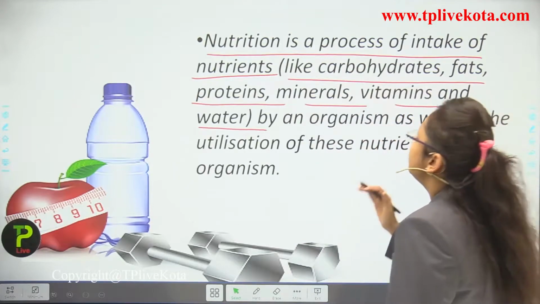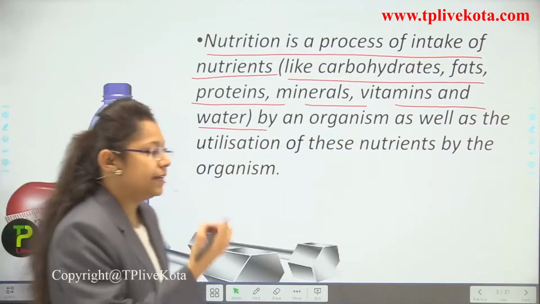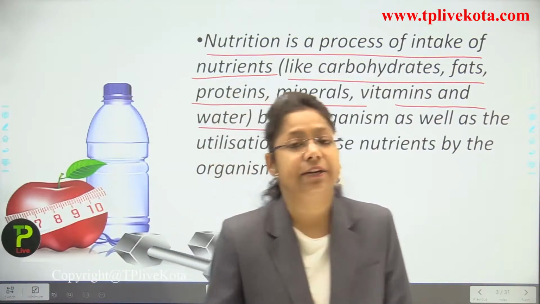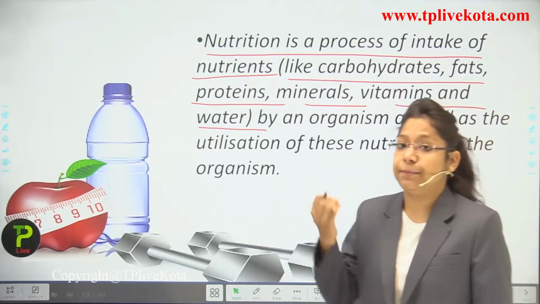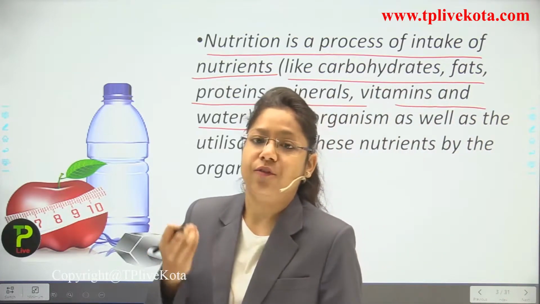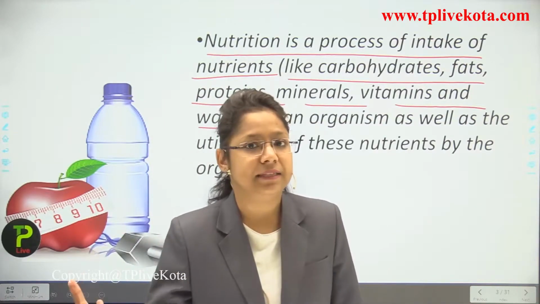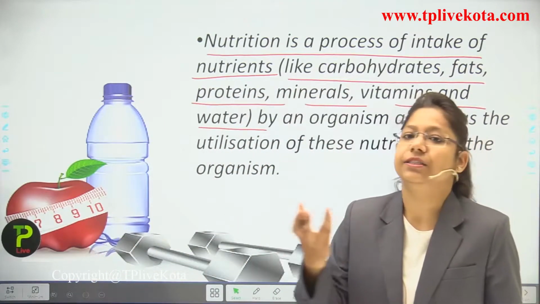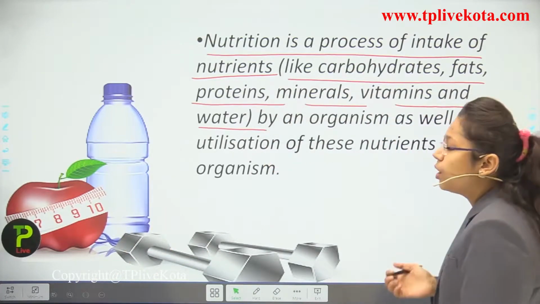Nutrition is a process of intake of all these things, like carbohydrates, which we get from fruits and vegetables, mainly vegetables like potato, where many kinds of carbohydrates are present. If you are eating rice, then you are consuming starch, which is also a form of carbohydrates. Now we are going to talk about fats.